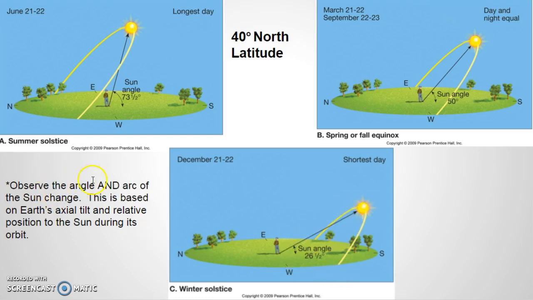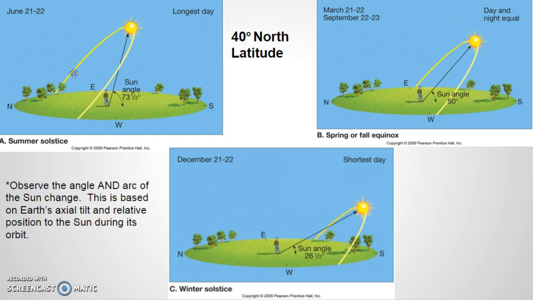I want you to observe that the angle and the arc of the sun change. This is based on both the Earth's axial tilt and the relative position of the sun during its orbit. We perceive the sun moving through the sky, but it's really the Earth that's moving. We're viewing the sun from a moving platform.